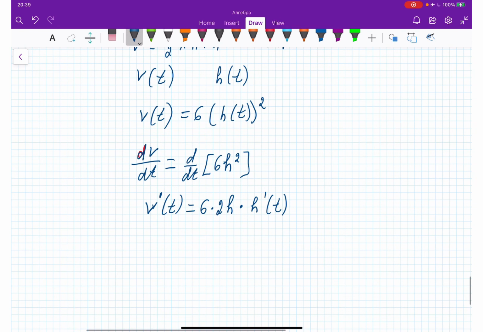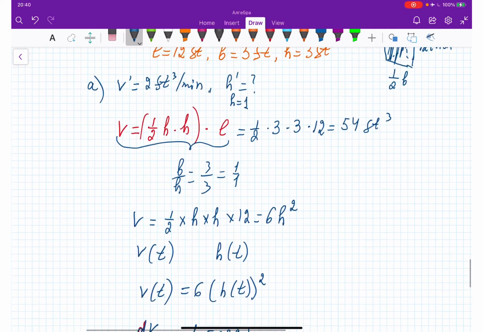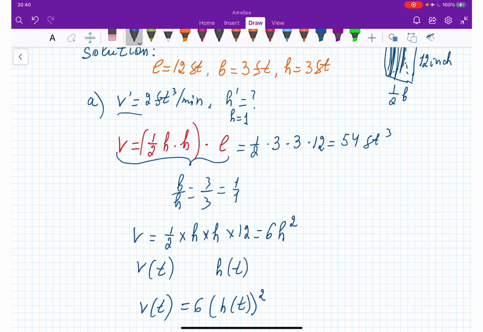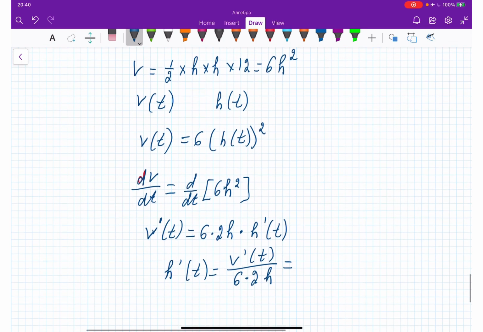Okay, so from here, since we need the derivative of h, the rate of change of h, how fast the height is changing, h prime of t is going to be equal to V prime of t divided by 6 times 2h, right? Now, V prime, we know it's 2, 2 cubic feet per minute.